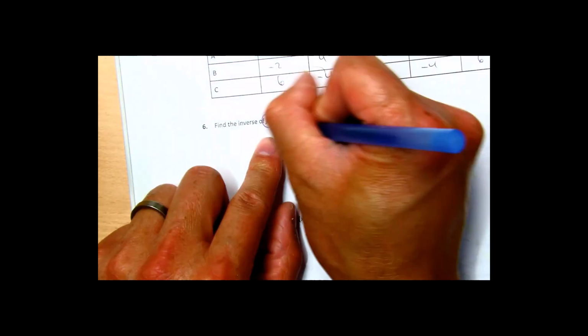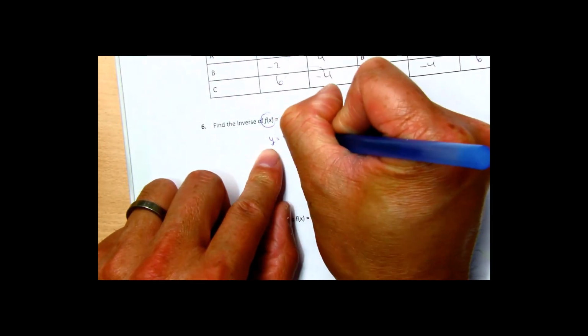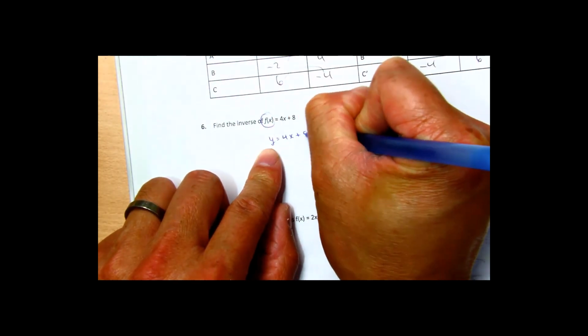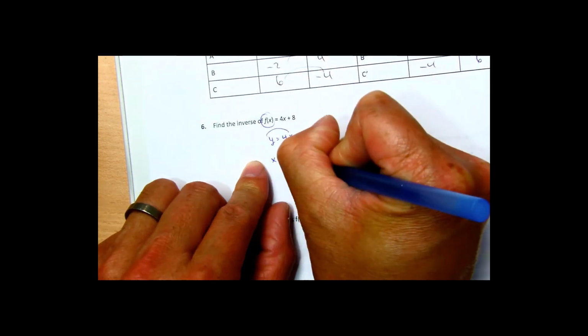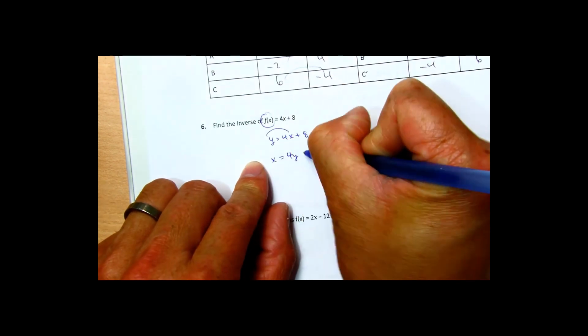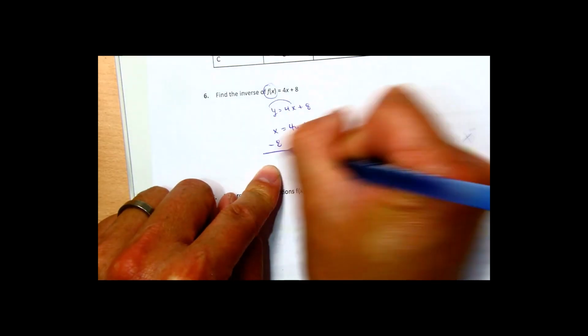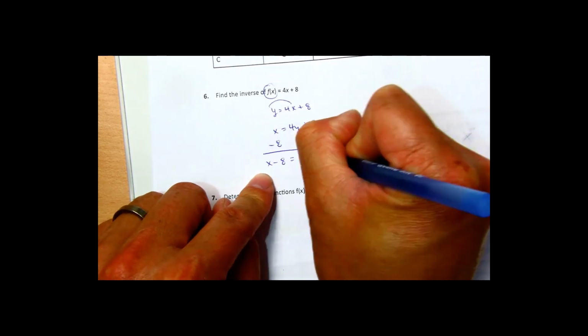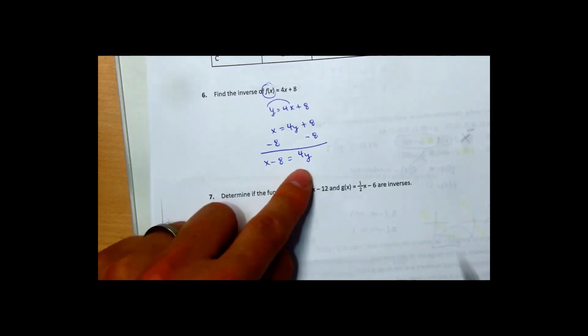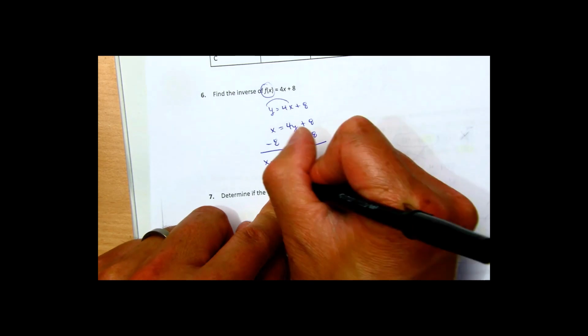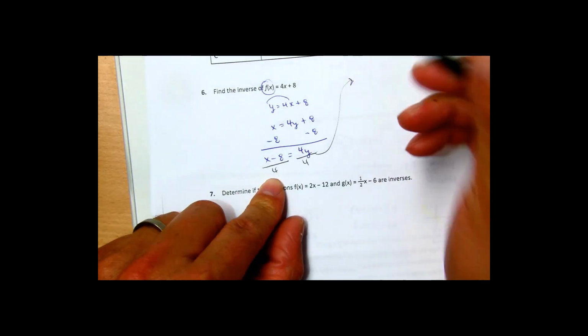Find the inverse of f of x. First thing is it changes to y. Switch them. And now we're going to solve for y. Subtract 8. Divide by 4. Dividing by 4, I'll give you an extra step so you can see this.